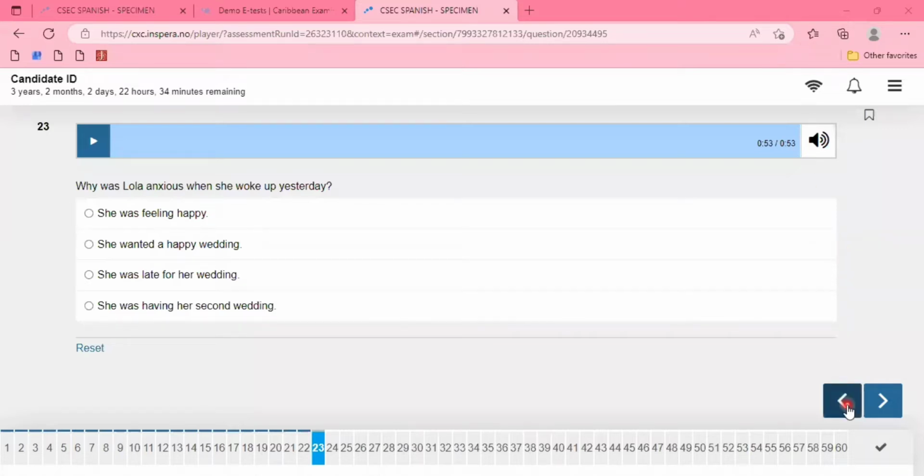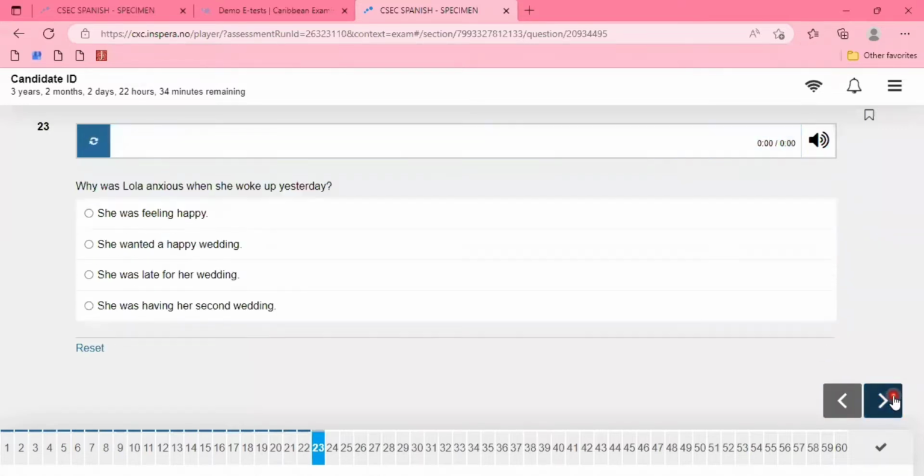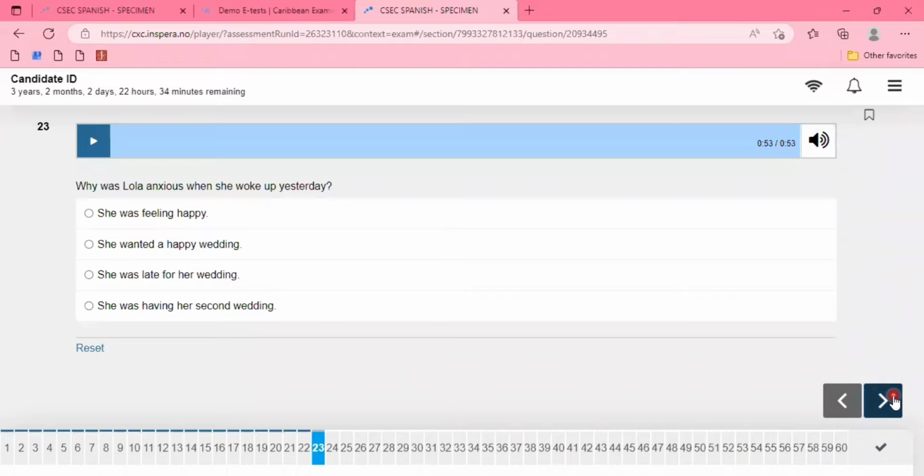All right, so now that we're finished with the previous section, we're moving on to a section where you're going to hear a longer passage. You're going to have a bit more questions to respond to based on that passage.